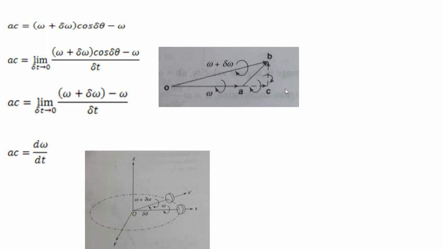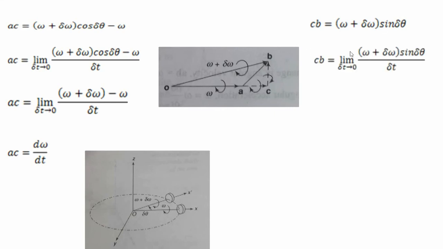Now this is the component AC. What about the component CB? Applying sine delta theta, it becomes CB upon OB. As in the previous case, we apply the limit to that equation. Since delta theta is very small, sine delta theta becomes delta theta, and finally we get CB is equal to omega d theta by dt.